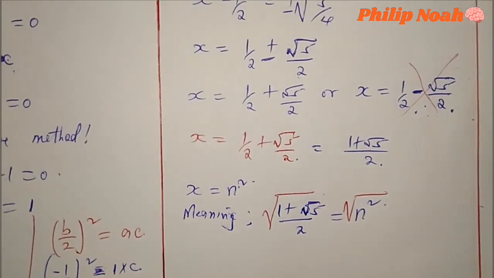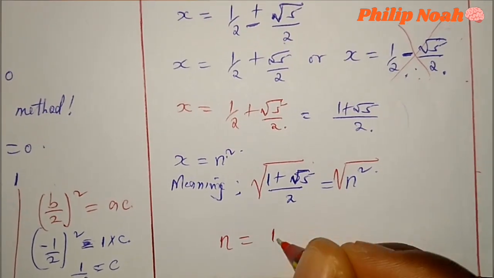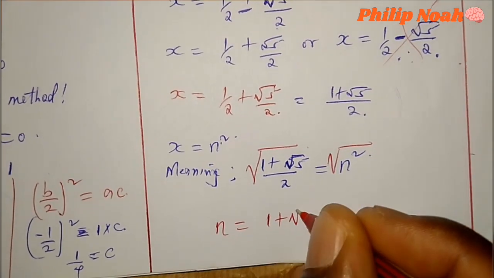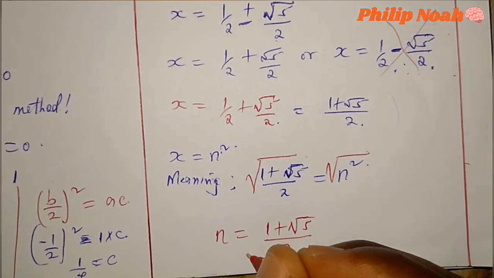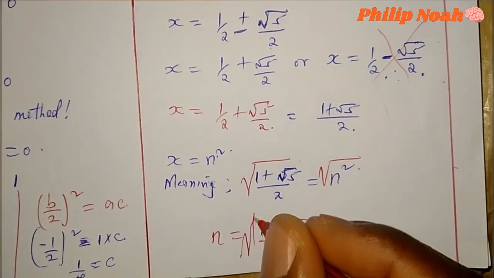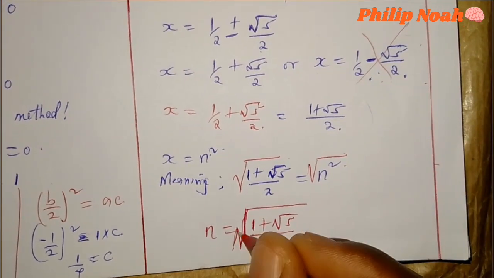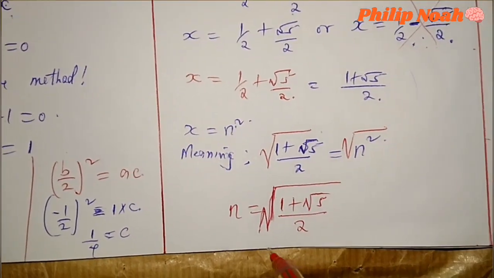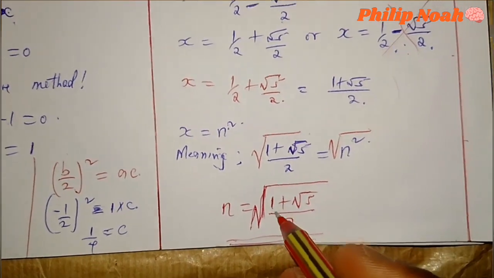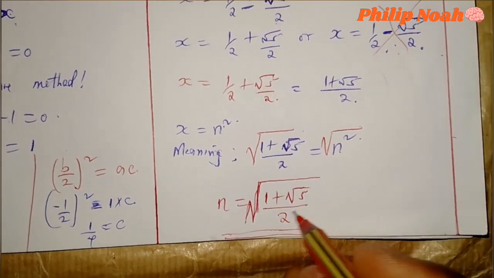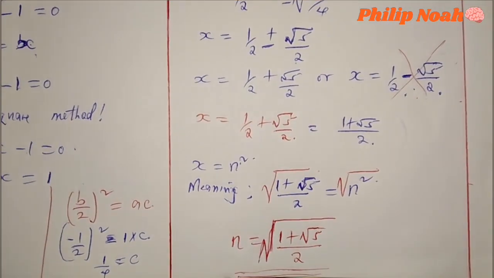And now we have n is equal to the square root of 1 plus root 5 over 2, the whole of this under a root. And this is the final answer. n is equal to 1 plus root 5 over 2, the whole of this under a square root.